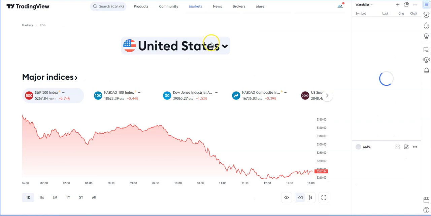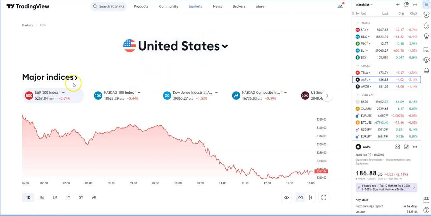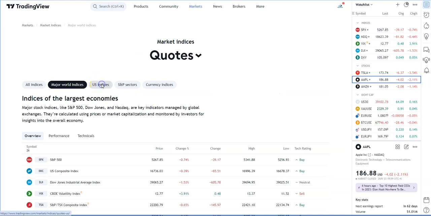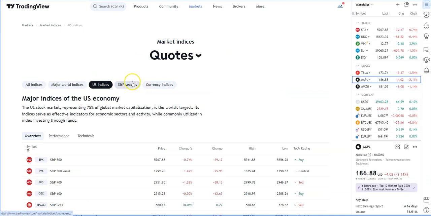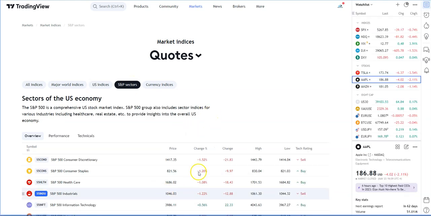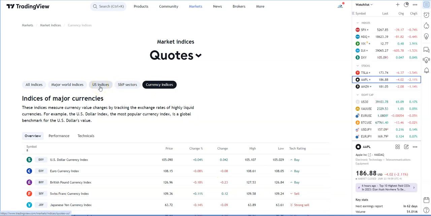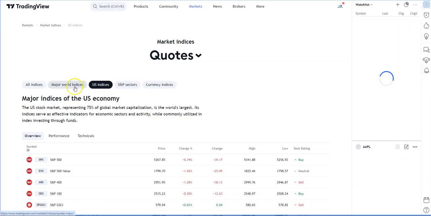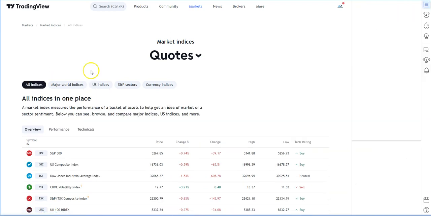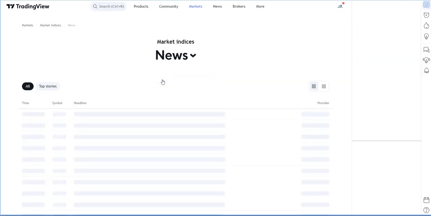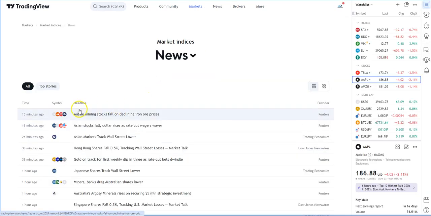Now we're gonna look at the countries, and you can move to major indices or US indices. Mostly we're looking at stuff that's United States. So you can click down and look down here. Things are changing. Very smooth, very simple, not complex. So it's not going to be hard for you guys to really understand what's going on. You guys can get overview, news, ideas about the different things that we want to learn about.